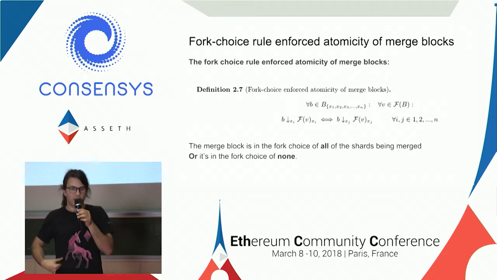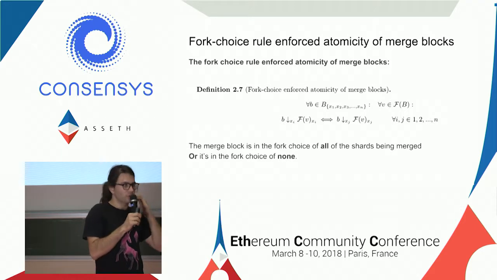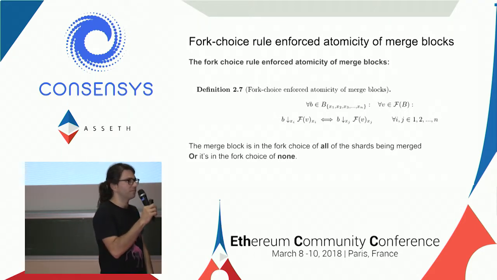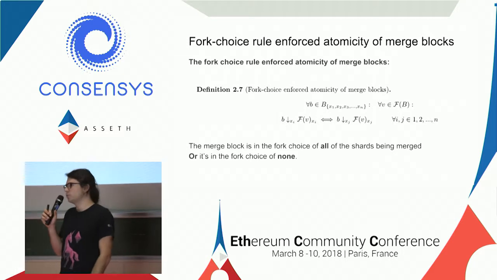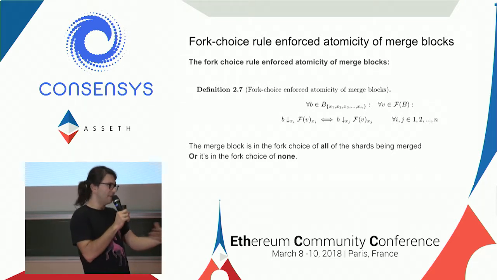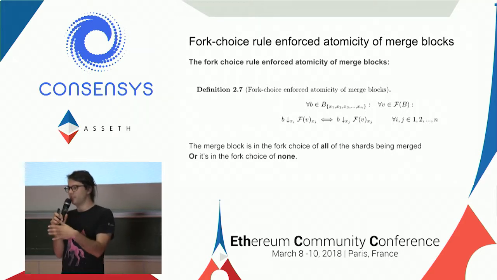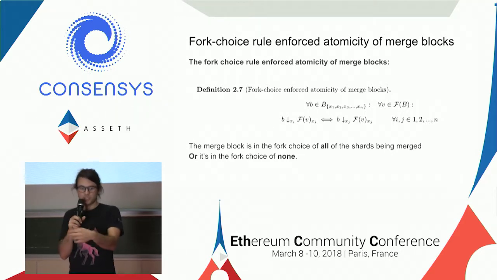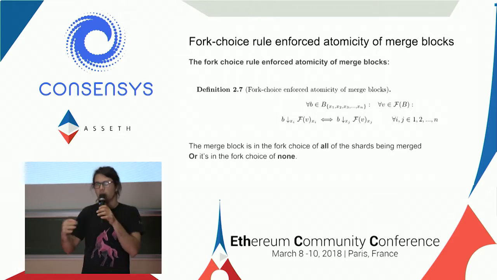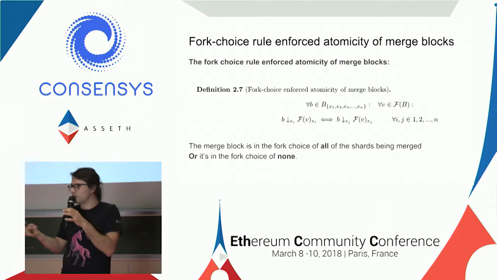So we have this great thing that we're going to satisfy. It's called fork choice enforced atomicity of merge blocks. Basically it says, look, the fork choice rule itself is going to make sure that these merge blocks are in the fork choice of both or neither of the shards that they merge. The fork choice rule may end up orphaning stuff, so as an estimator it isn't strictly deciding.